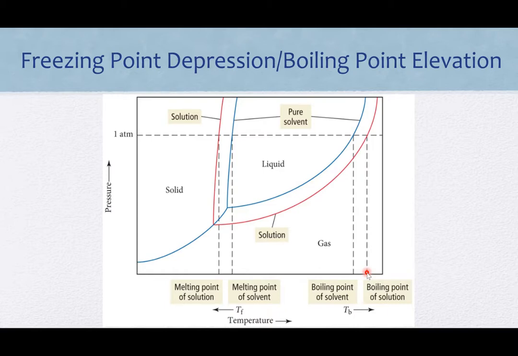So now we can answer a couple of our questions that I posed at the very beginning of the chapter. So the first question that I posed is, why do we put salt down when we're expecting it to freeze? So by putting salt down, that's going to create a solution, right? So when that ice hits the ground or water hits the ground, it's going to mix with that salt and create a solution. And we know that the freezing point is depressed.